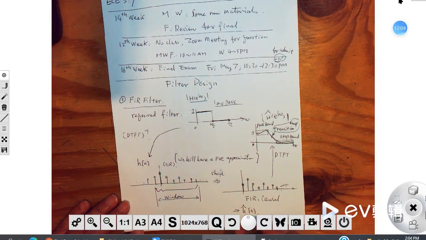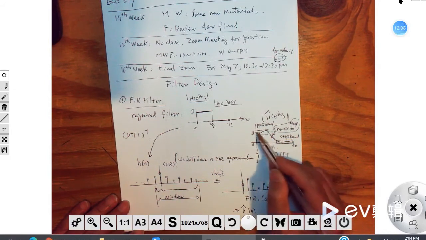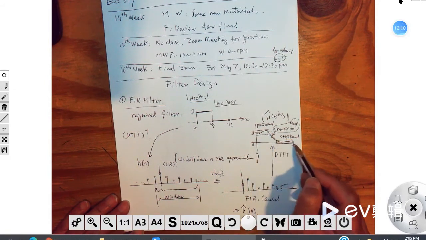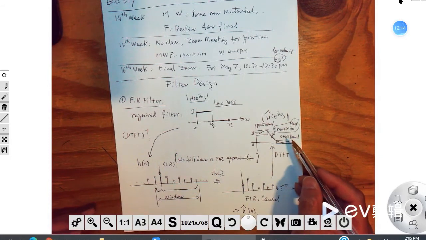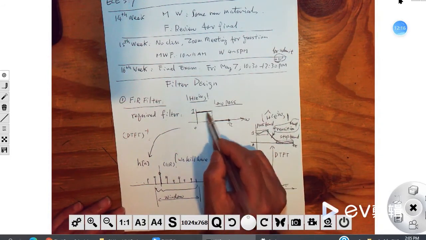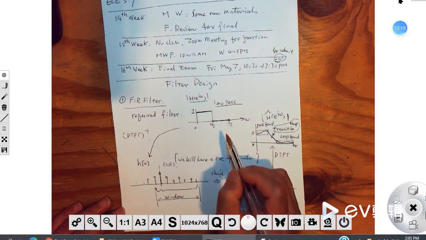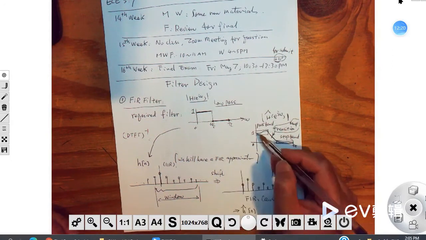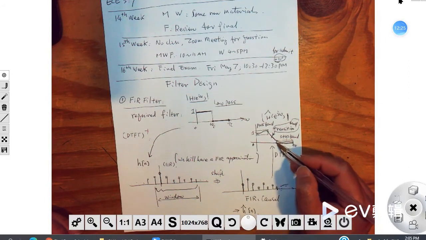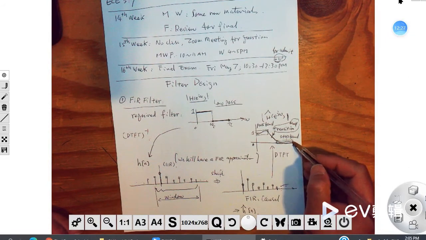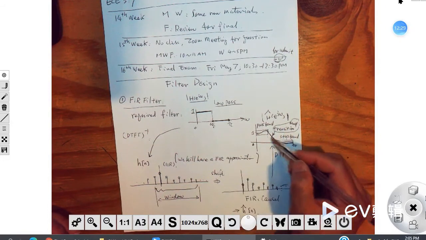This is an FIR filter. Its frequency response, the magnitude response, will look like this, and you will check your requirement. Of course you want the ideal one, but you can't. For example, here you want within 5% of 1, and here within 3% of 0, and you check whether this satisfies your requirement.